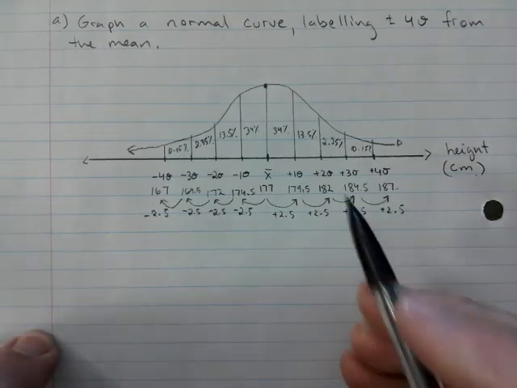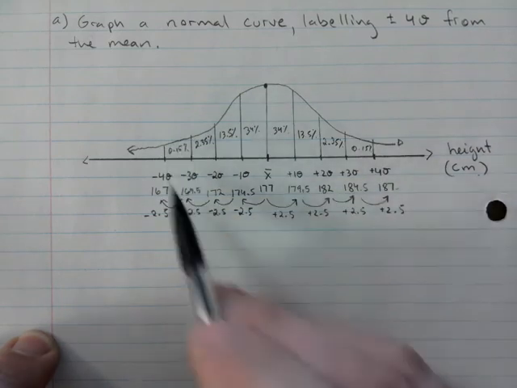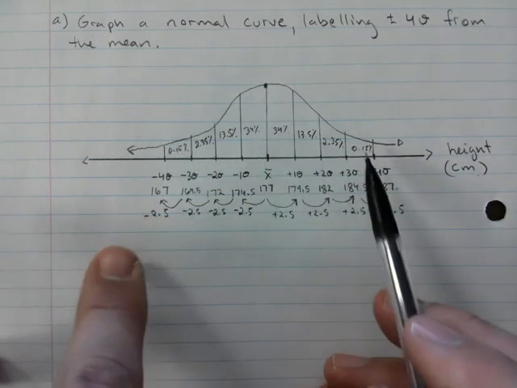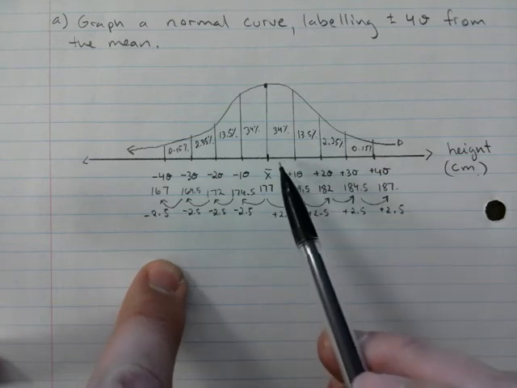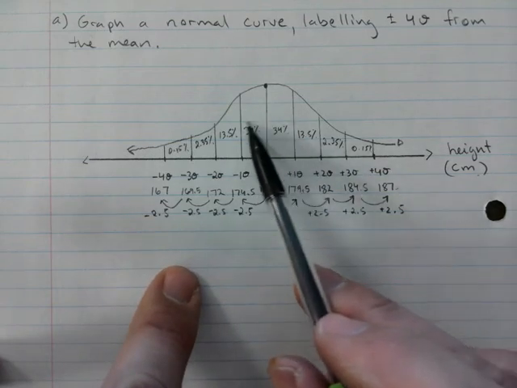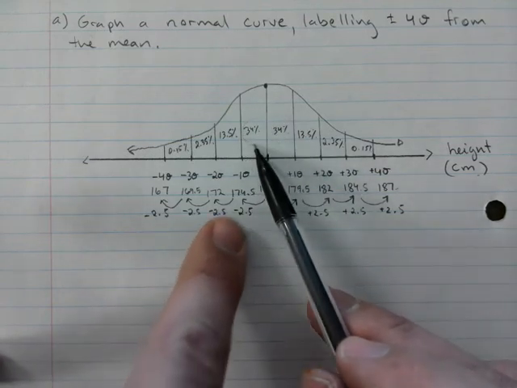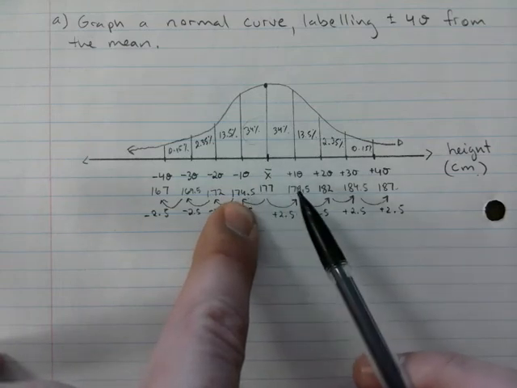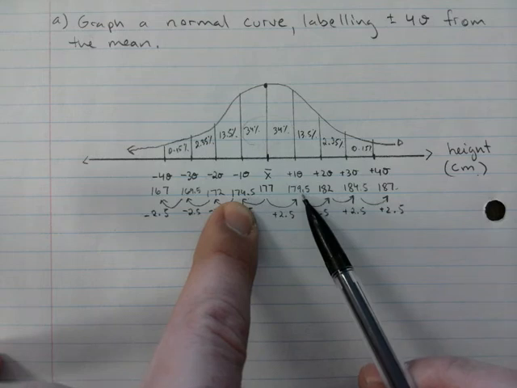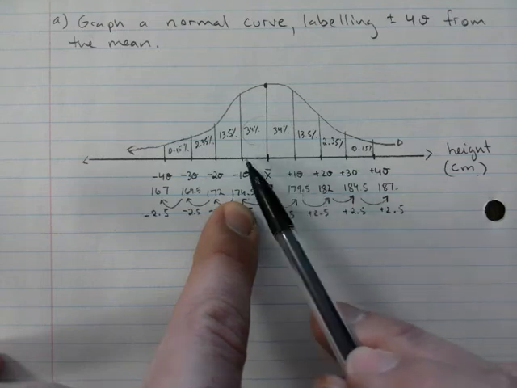You also need to remember when you're looking at this, these are the heights of Canadian citizens. So there's a 68% chance that someone will be between 174.5 centimeters and 179.5 centimeters, right? That's what you're determining here.